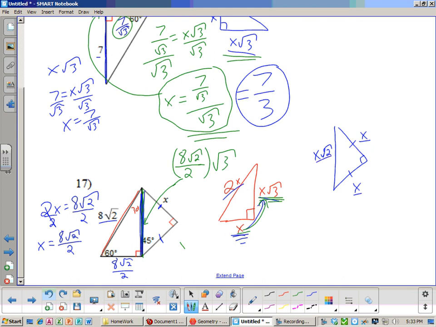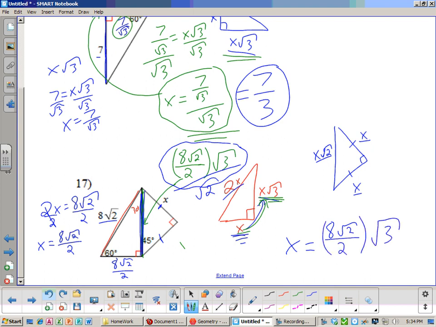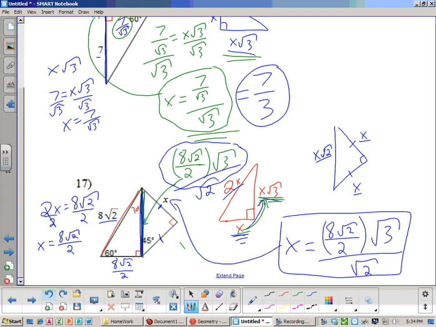So I have this whole big old long mess, and I need to divide it by the square root of 2. So x is equal to 8 square root of 2 all over 2 times the square root of 3, all over the square root of 2. And there is your answer for that last part, unreduced.